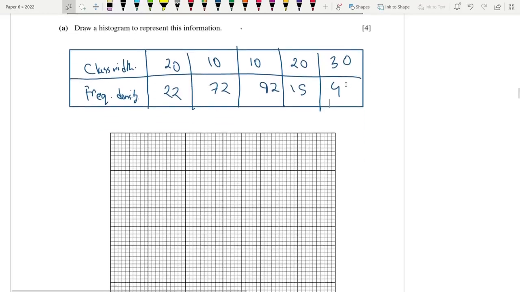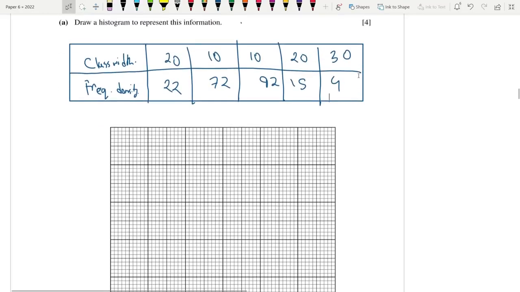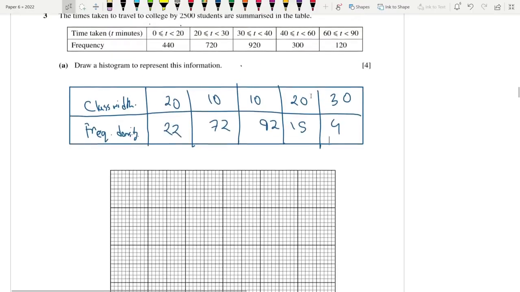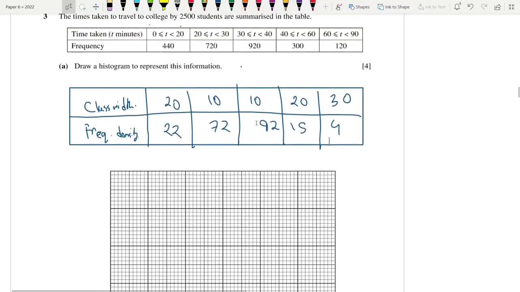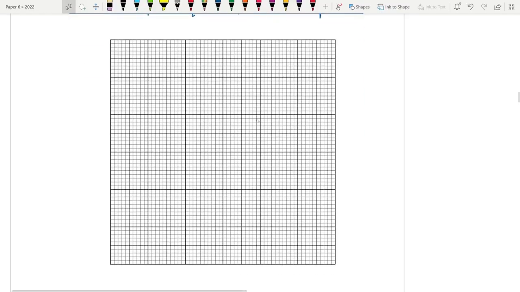Great. So now we have to give the scaling. So proper scaling should be like this. We have a maximum value. Frequency density goes on the y-axis, and the class will go on the x-axis.